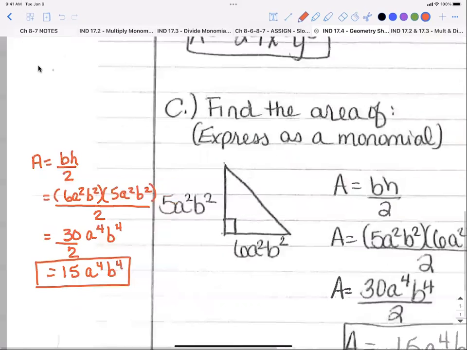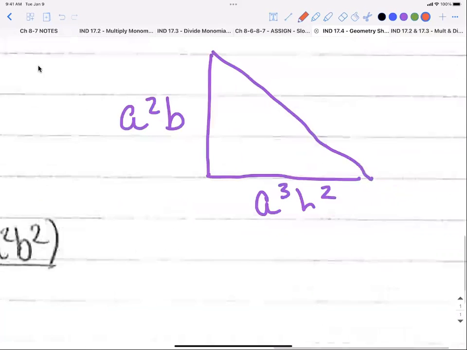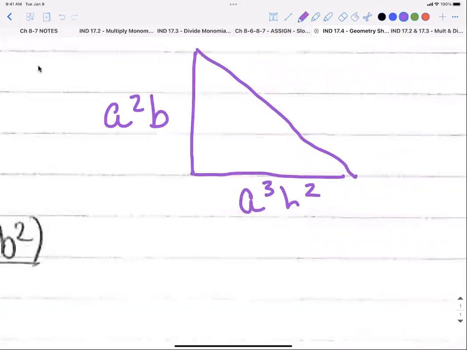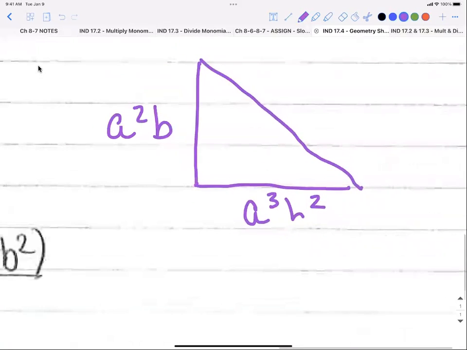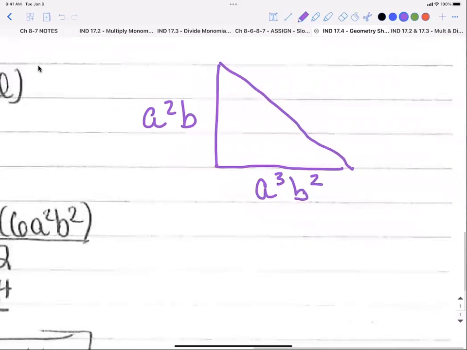All right, the last example, and that's actually supposed to be a B. It got erased. There we go. And this is another example of where the over 2, I think, really helps a little bit. So we've got area equals base times height over 2.